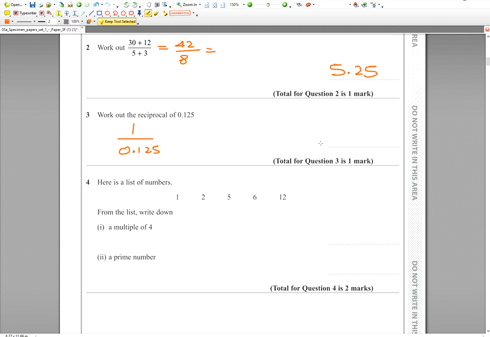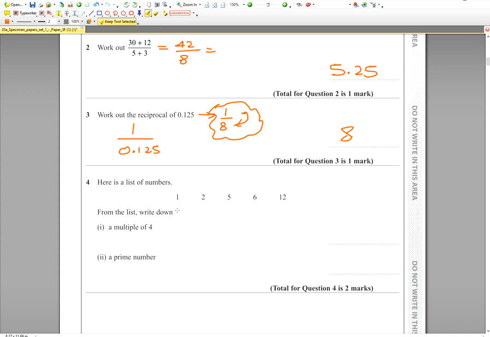Lovely. Otherwise you could think of 0.125 as the fraction 1/8, as those of you who know what it's worth. And reciprocal means when you turn it upside down. That fraction will still give you 8. So whichever way you do it, both of them give you the same answer.